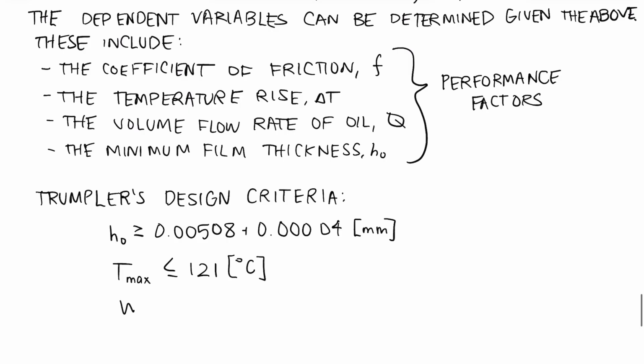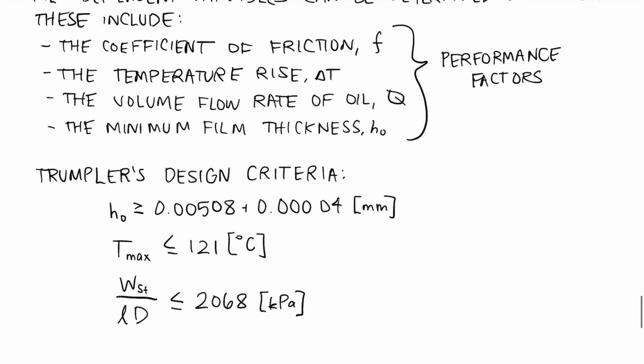We want the ratio of our static load to the length times the diameter to be less than 2068 kilopascal. And we want our design factor of safety to be greater than 2.